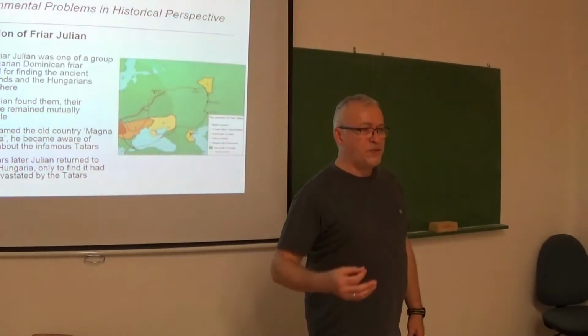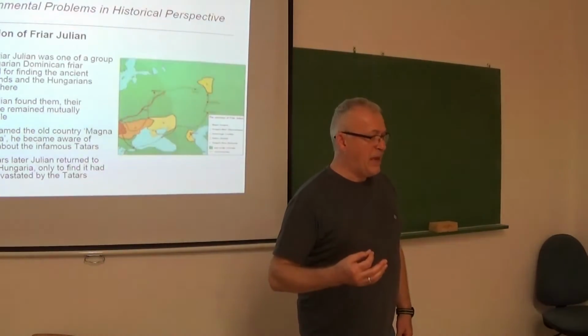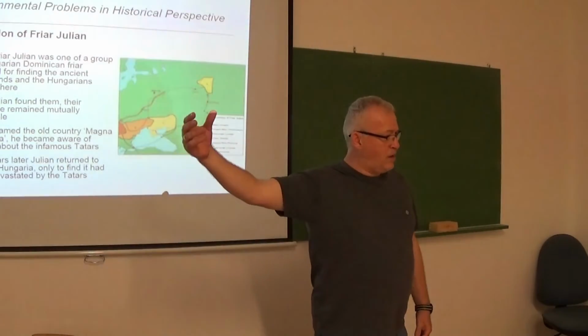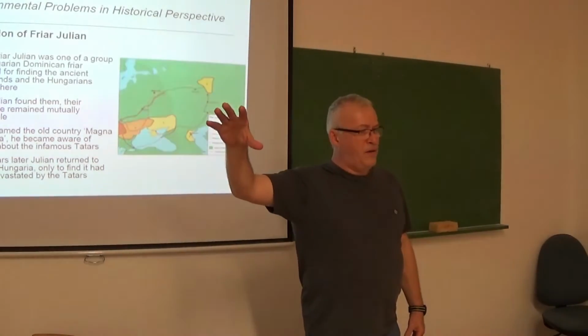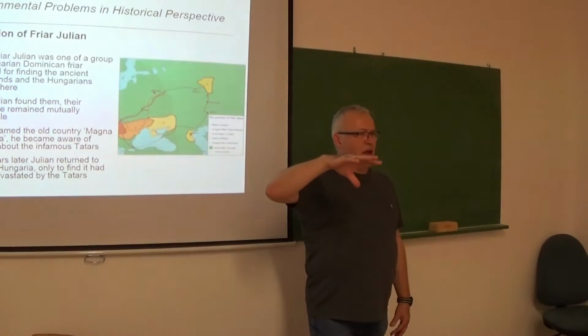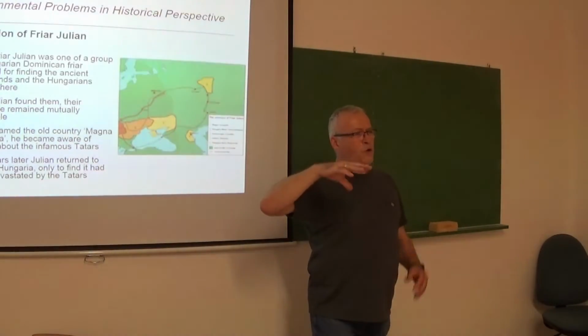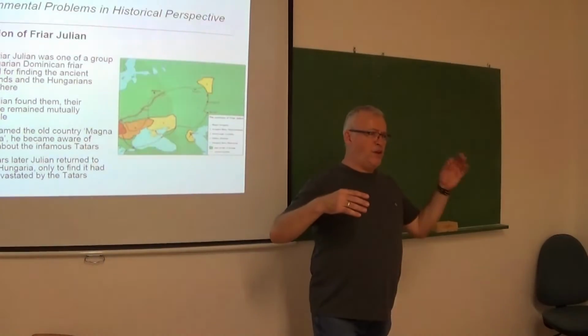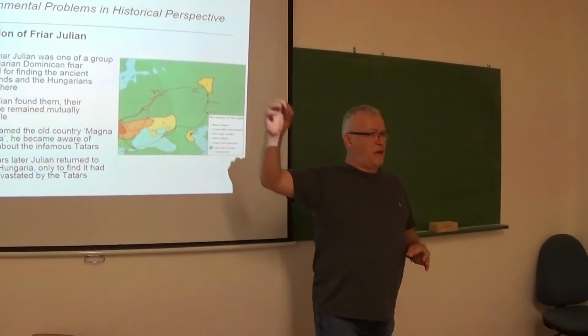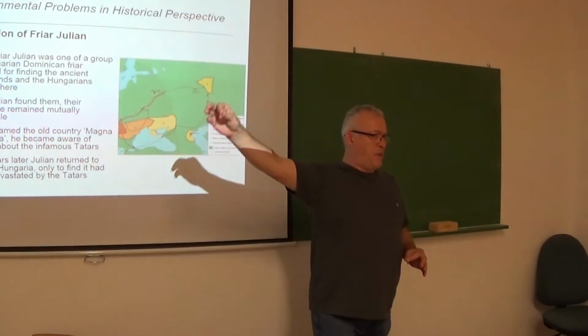Why? Because the Hungarian tribes came from Eurasia, around the Ural Mountains. You may know that if we look at the language, our relatives are the Finnish, the Estonian, and some small peoples in Siberia.